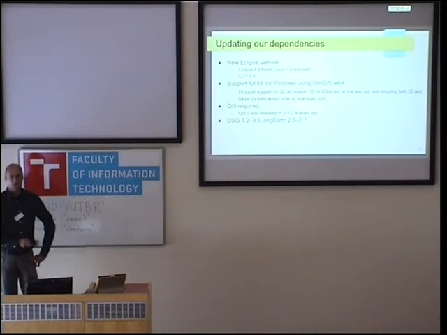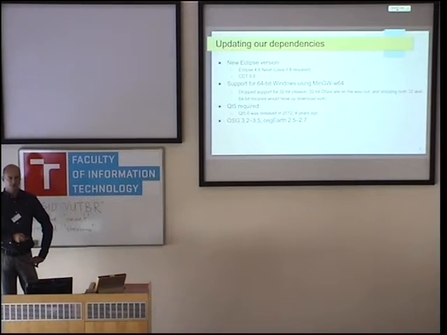So one thing we are going to do in the 5.1 version is to upgrade our dependencies. So we upgrade to the new Eclipse version, a new CDT, which probably affects most people only via the CDT upgrade. And we also updated our Windows toolchain. The big change is that we go from 32-bit to 64-bit.